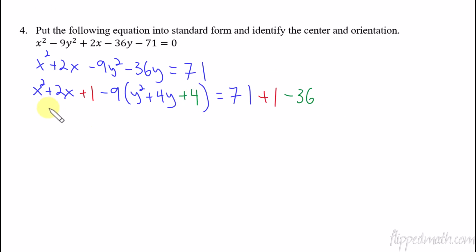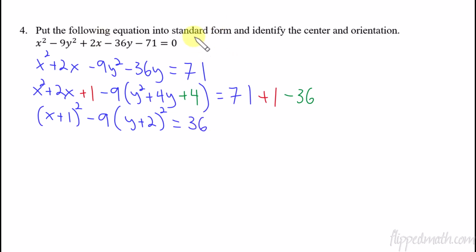Right, now we can factor this thing. This is a nice, perfect square trinomial, x plus 1 times x plus 1. So x plus 1 quantity squared minus 9 times. This becomes a y plus 2 quantity squared. So again, I'm just completing the square here. Equals, I simplify this all out, and I get on the right side a 36.